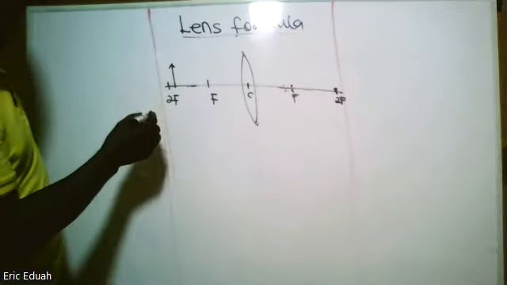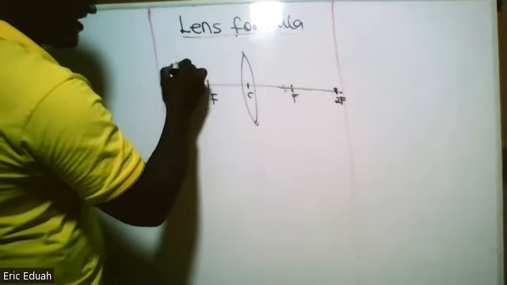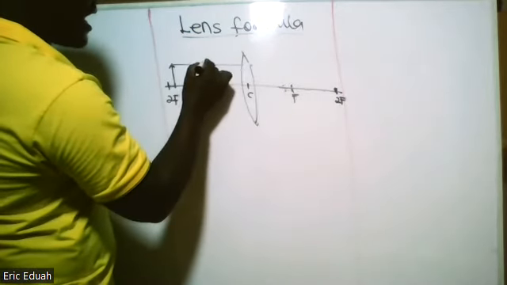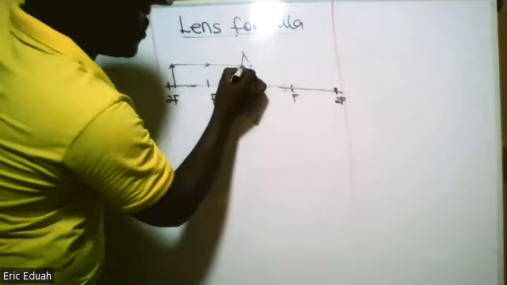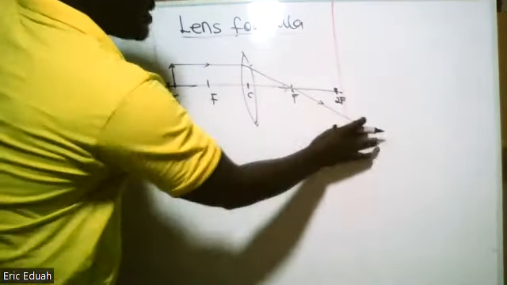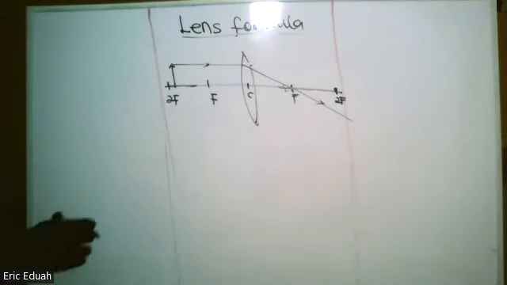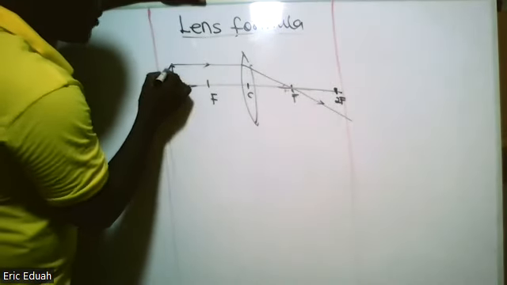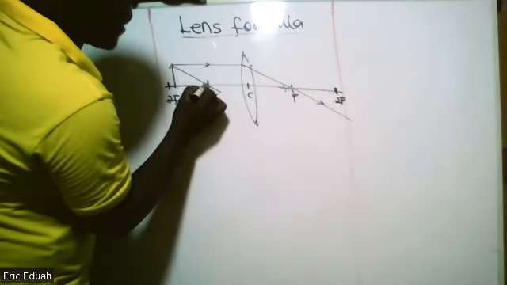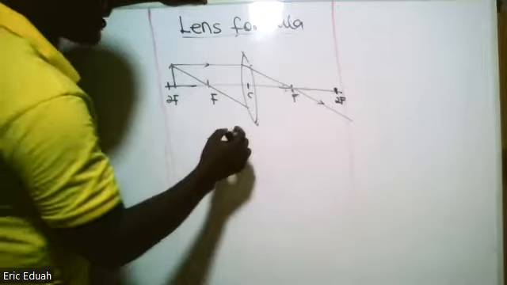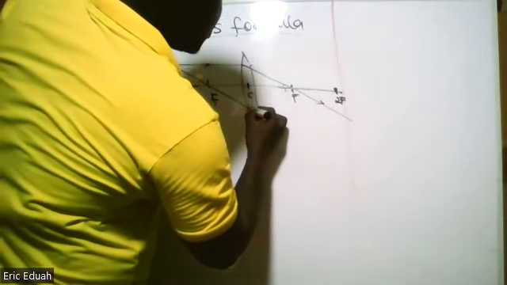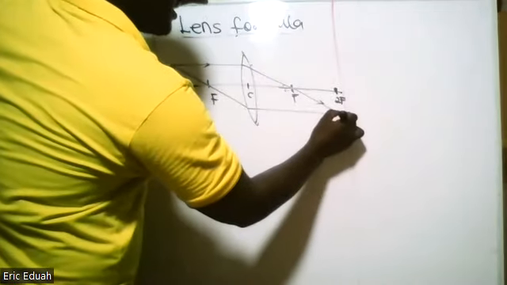So when the object is placed in front, a ray parallel to the principal axis, after refraction, would have to pass through the second principal focus. A ray through the first principal focus, after refraction, would have to be parallel to it.